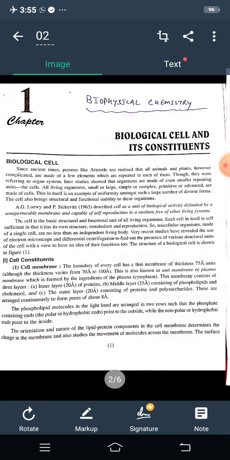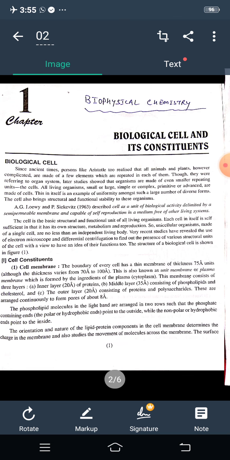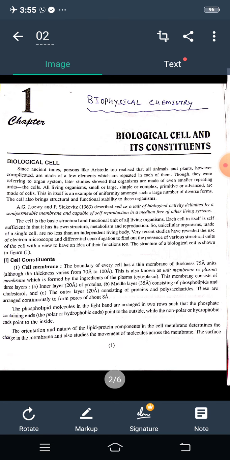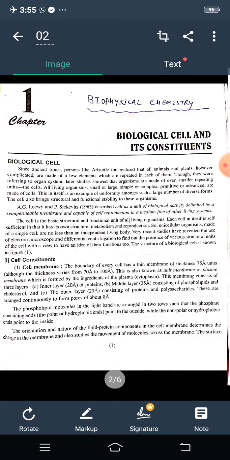The boundary of every cell has a thin membrane of thickness 75 angstrom units, although the thickness varies from 70 to 100 angstrom. This is also known as the unit membrane or plasma membrane, which is formed by the ingredients of the cytoplasm.